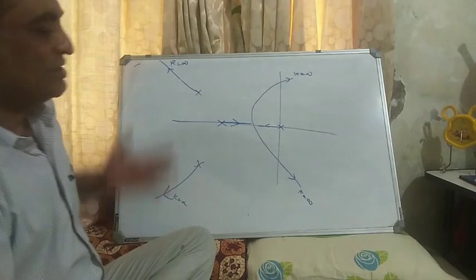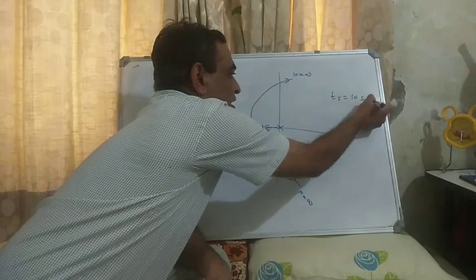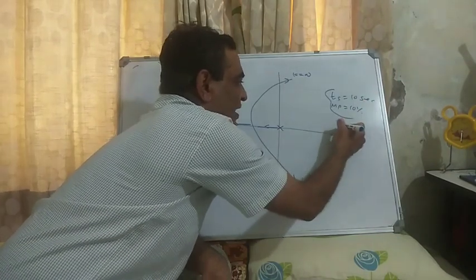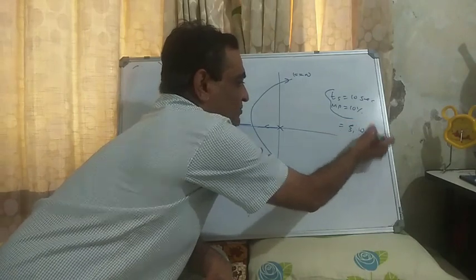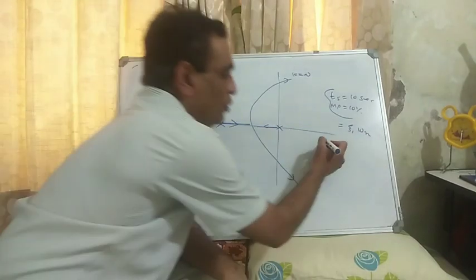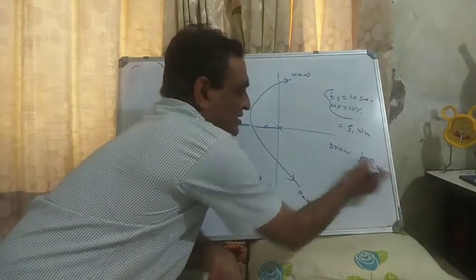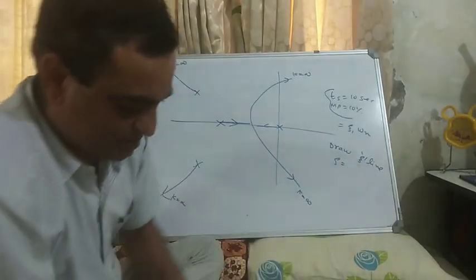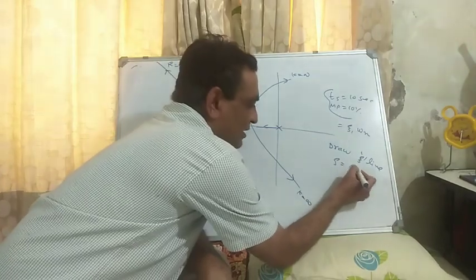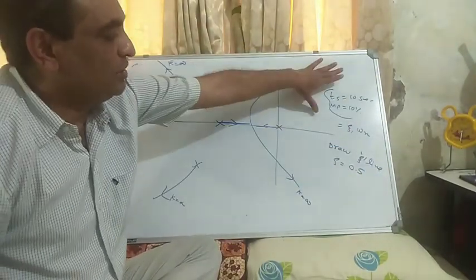Now, let's say somebody has given that settling time should be 10 seconds and Mp should be 10%. Then from this, you find the value of xi and omega n. So once you get xi, you draw the xi line. Let's say xi is 0.5 that you get from Ts and Mp.